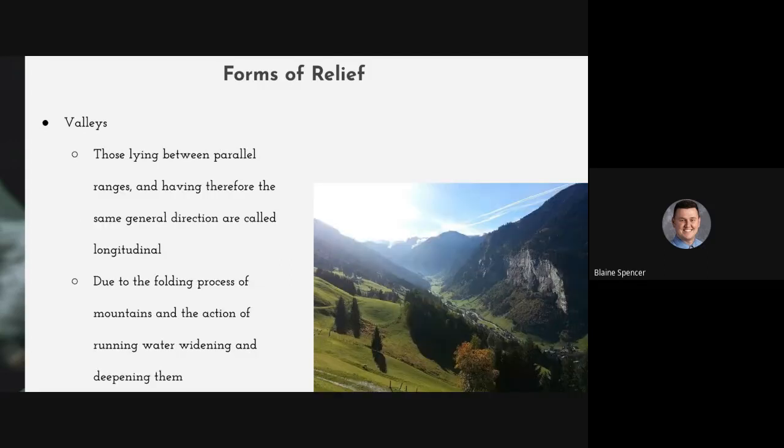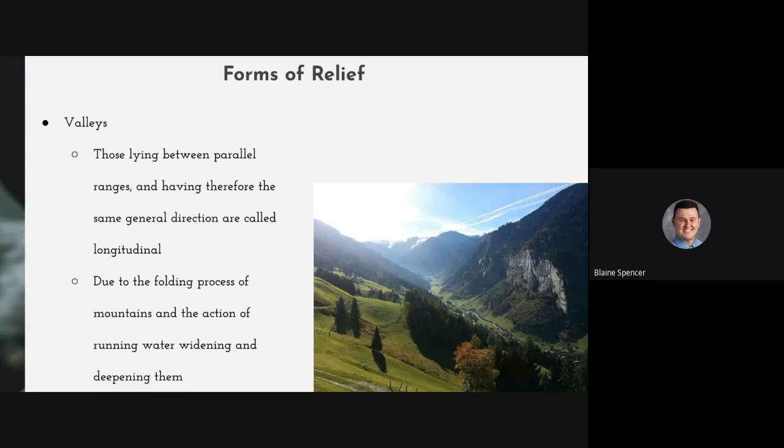And so when we look at this, valleys, those that are lying between parallel ranges, we just looked at that picture, and then we see this again, for an example, here's a range, and here's a range, and then here's the valley. Those that are lying between parallel ranges and having therefore the same general direction are called longitudinal.